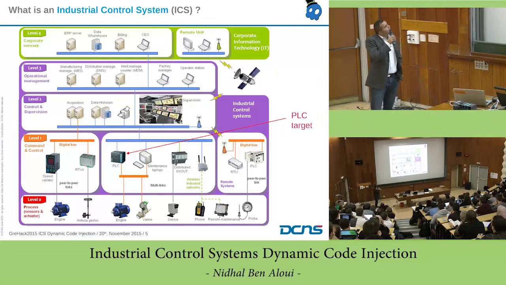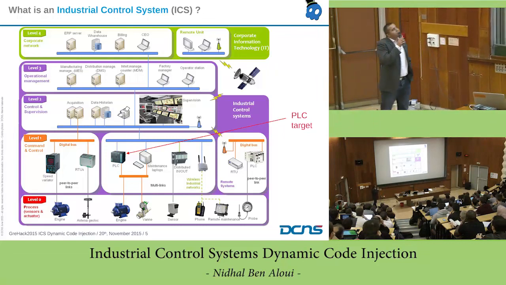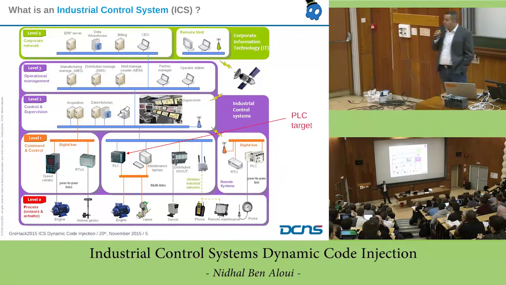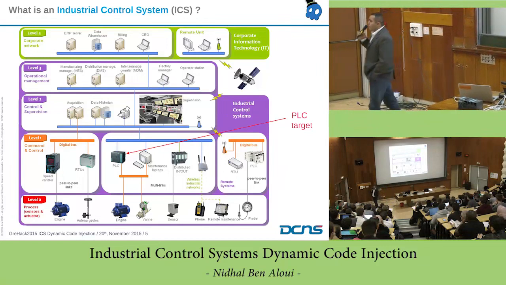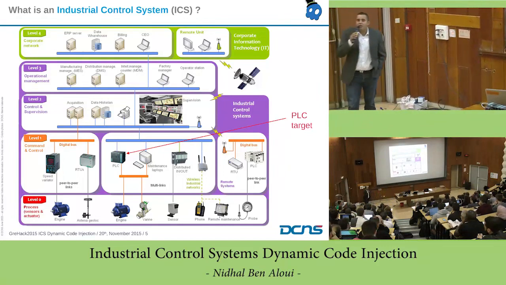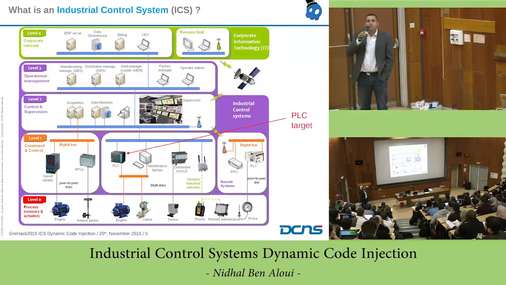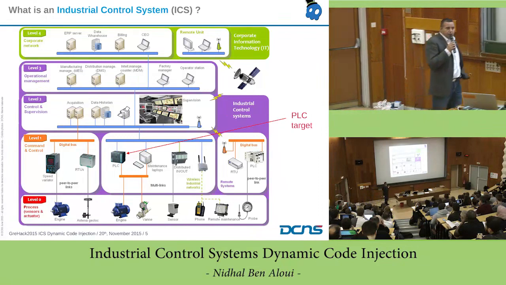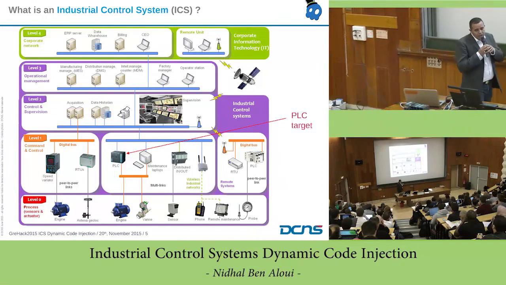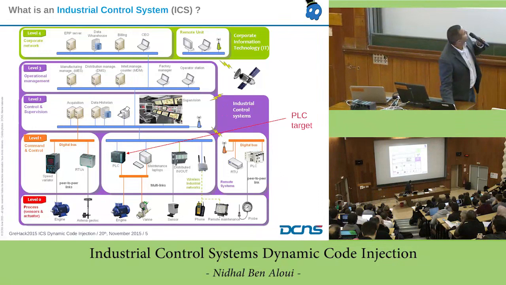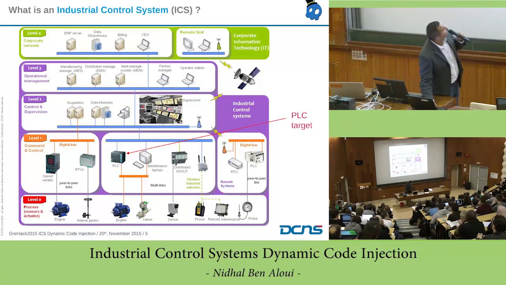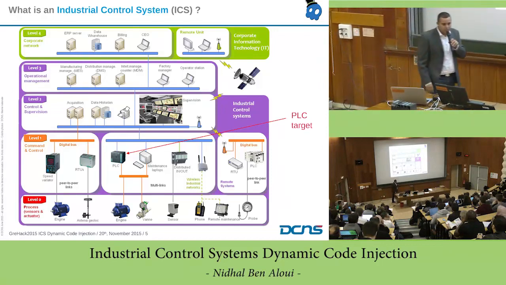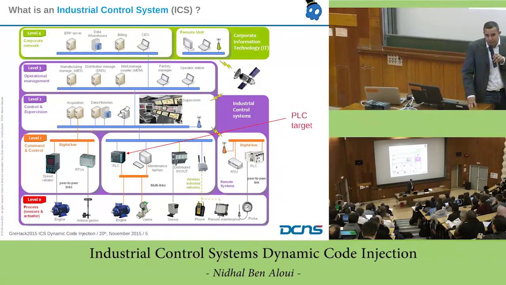And the next level, the corporate or network level, is IT, but we have more and more CEOs who want information on the engine, the quantity of fuel on the ship, and more information collected from the whole factory in real time. That's why we generally have a connection between the SCADA and the corporate IT. We can talk about this connection, but this is not the aim of this presentation.